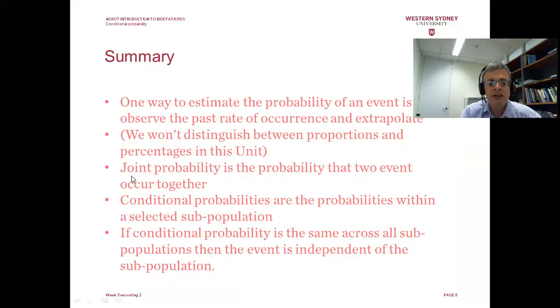When it comes to looking at joint probability between two possible outcomes, we can work out the joint probability that two events occur together. When we've got two variables, we can also look at the conditional probabilities within a selected subpopulation of one variable. If the conditional probabilities are the same across all subpopulations, the events are independent of each other.